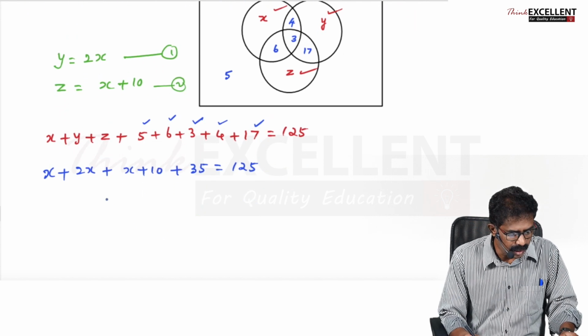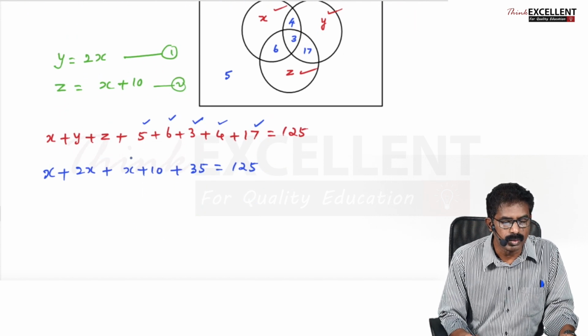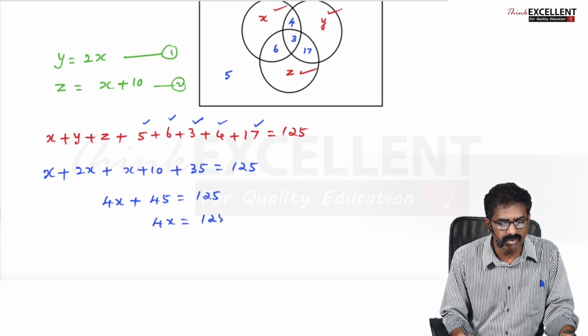So now group all the x terms together. You are getting 2x plus x, 3x plus x, 4x, right? 4x plus 45 equal to 125. So 4x equal to 125 minus 45. So you are getting 4x equal to, how much? 80, right?